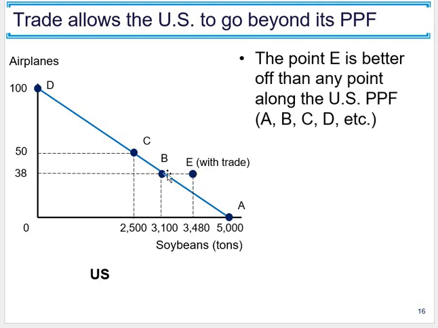So this point E here corresponds to that bundle and is above the old PPF. So that's another proof, graphically, that the US is better off with trade, because with trade, the consumption bundle of airplanes and soybeans will be at E, which is beyond its PPF, right? So that's an improvement. That's a proof that the US is better off with trade.